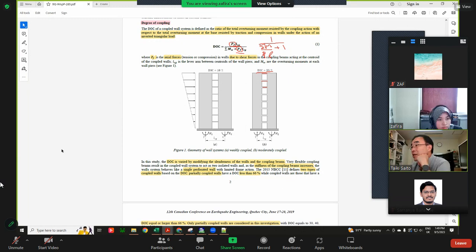And if we reduce this one, this value will be getting smaller. So one idea is to replace this one with a damper and make a weak beam, so you can reduce the degree of coupling. Or you can use this weak beam.